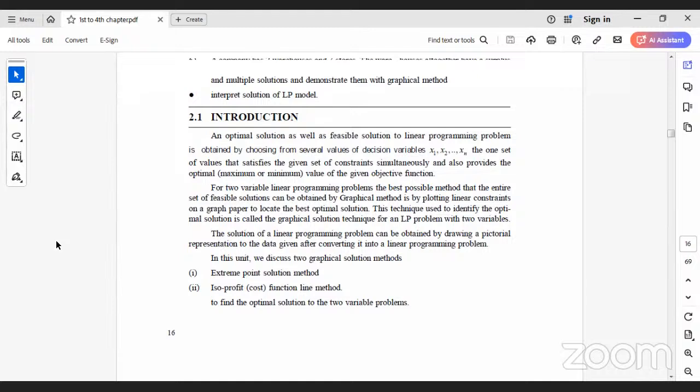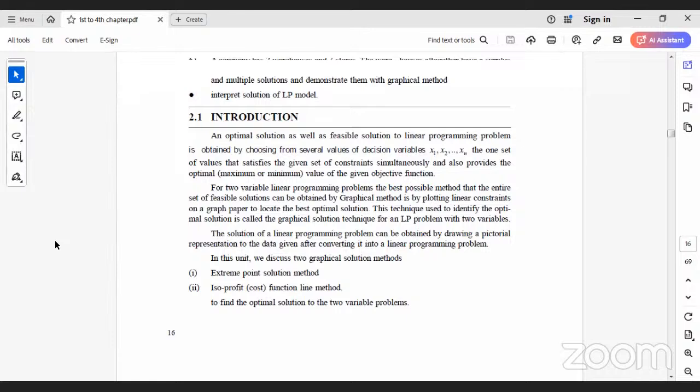An optimal solution as well as a feasible solution of a linear programming problem is obtained by choosing from several values of the decision variables x1, x2, x3 and so on to xn. The one set of values that satisfies the given set of constraints simultaneously and also provides the optimal maximum or minimum value of the given objective function. For a two variable linear programming problem, the best possible method is to find the set of feasible solutions.